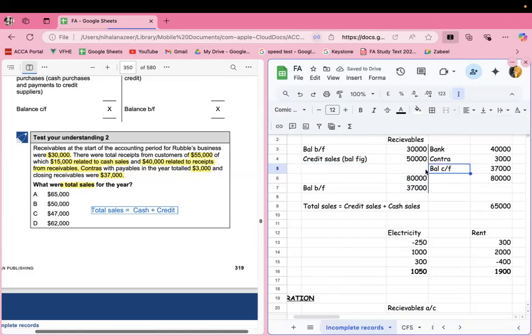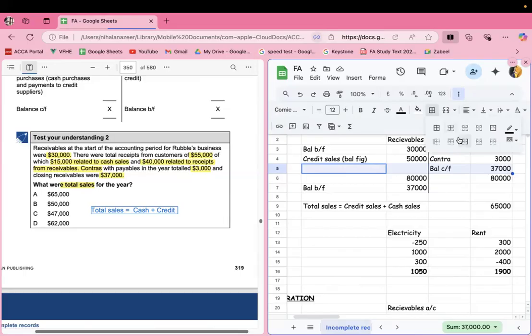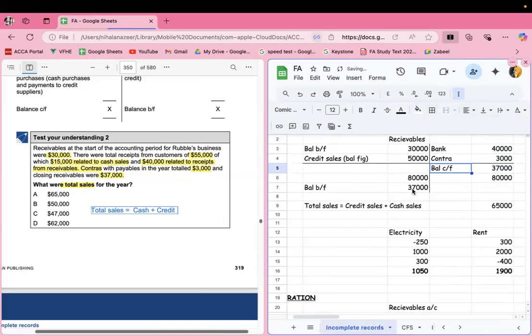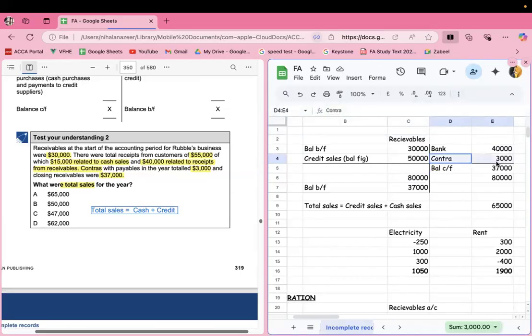Okay. Now, from here, they have told you there is a contra entry. So, you know, contra entry for receivables goes on the credit side because it reduces receivables, right? So, 3,000 went on the credit side. Clear, no?